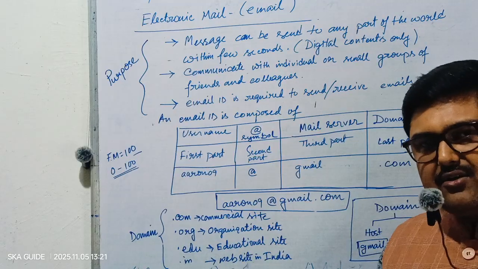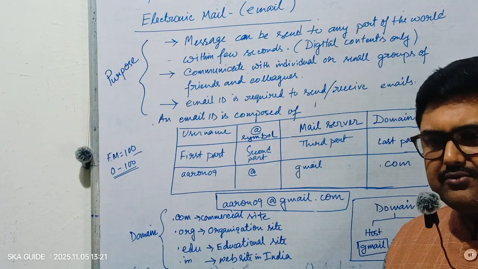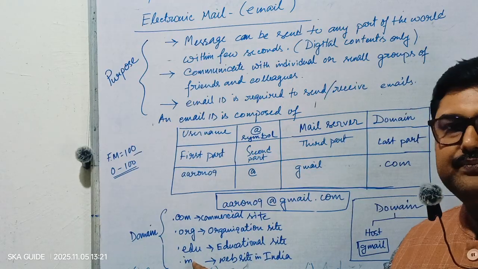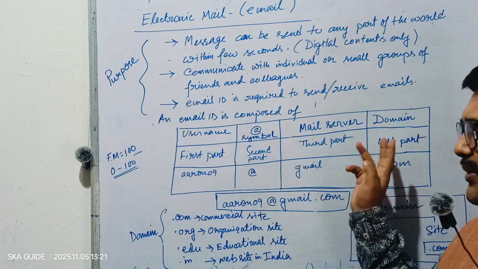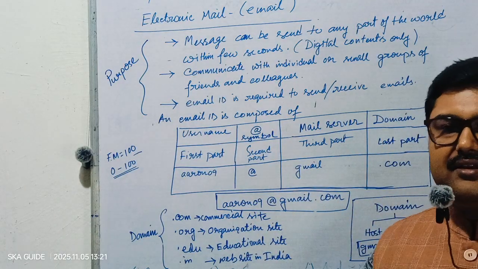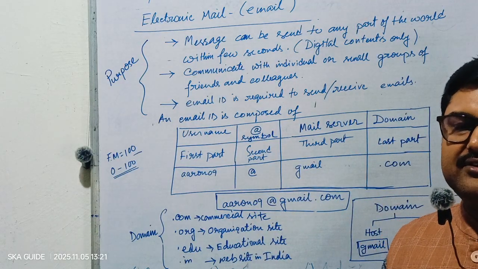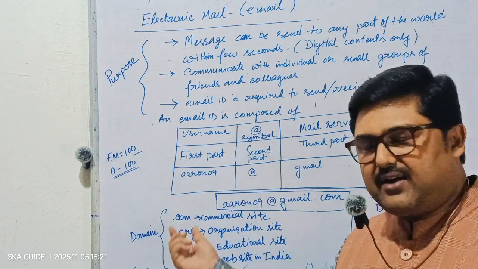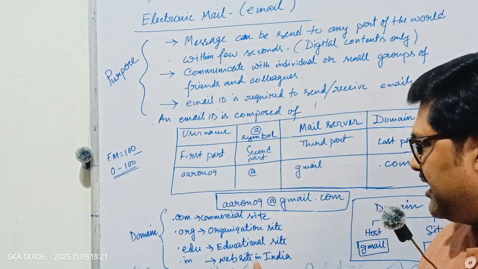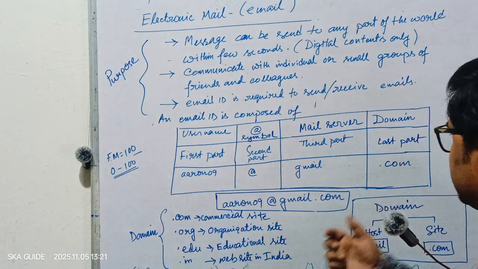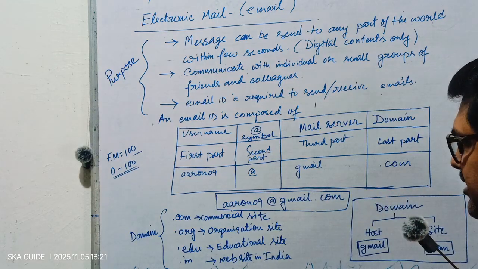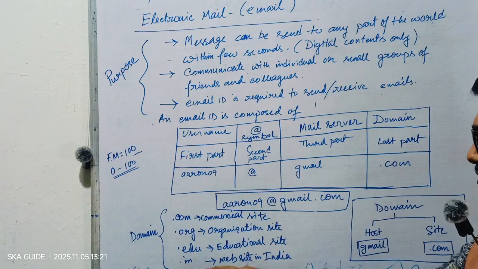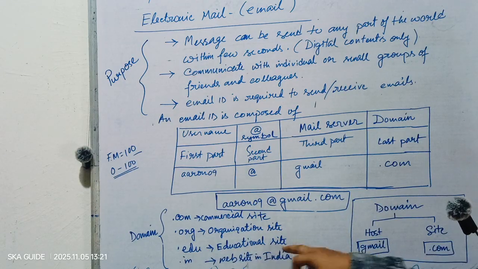That means you are an organization or a company under the country India. So it is better to have a specified organizational domain. If you are an educational institute, you must register your website with the .edu domain.